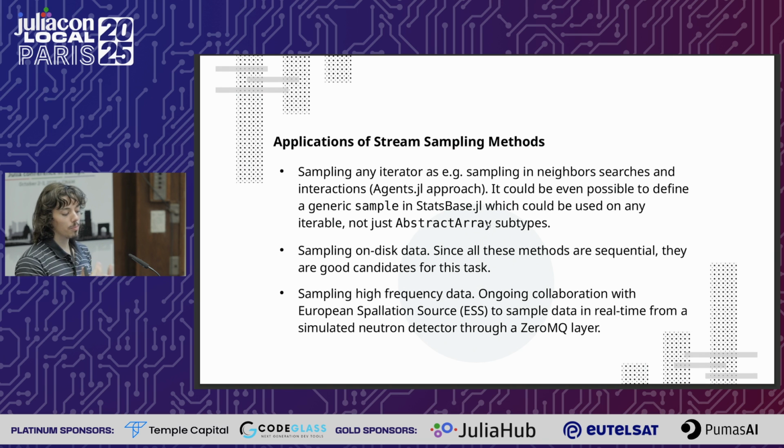And also to sample high frequency data, there is an ongoing collaboration I'm working on with the European Spallation Source Center, where we are sampling real-time data from a simulated neutron detector. And this sampling algorithm can be used so that you do data analysis on the sample and not on the big terabytes of data created by the simulation.